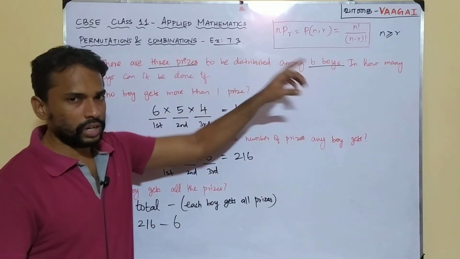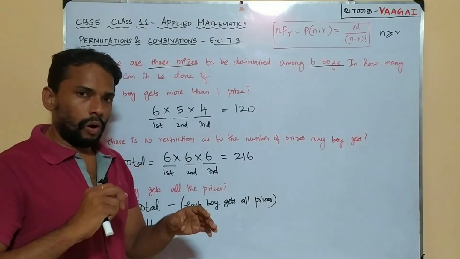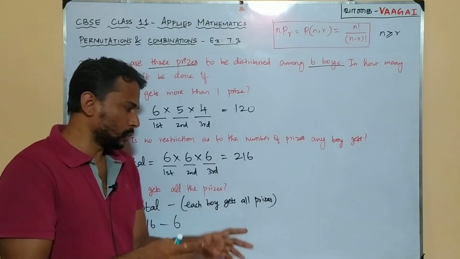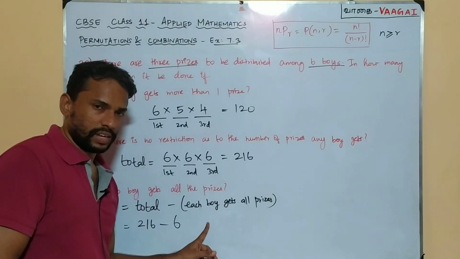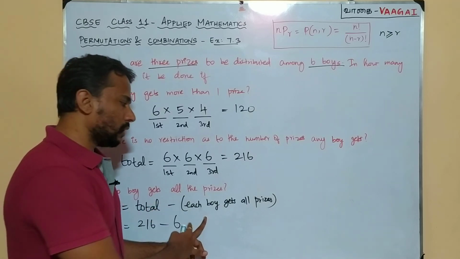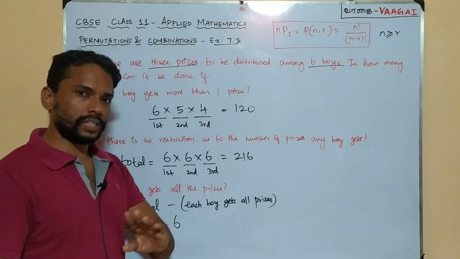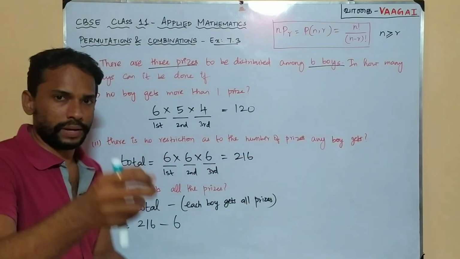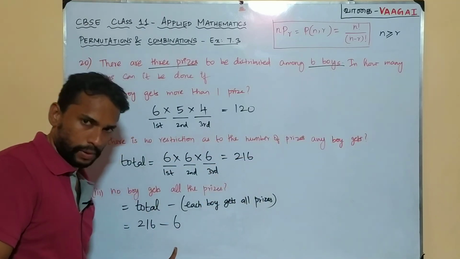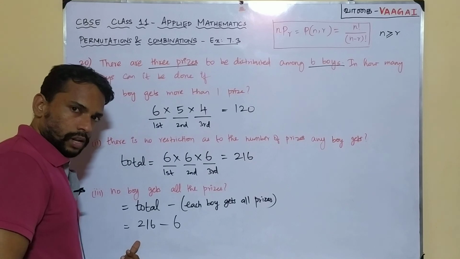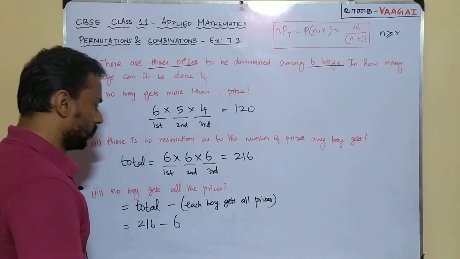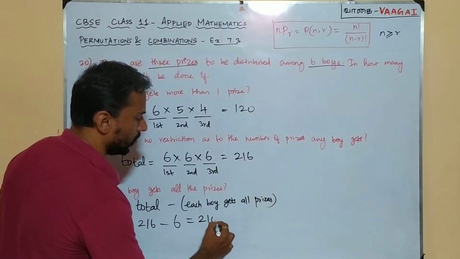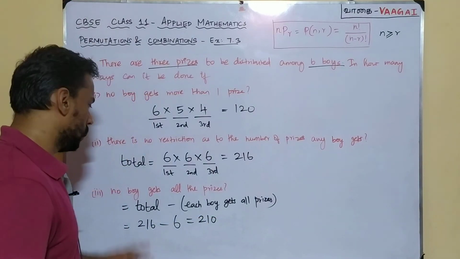Because there are 6 boys, and all prizes can go to one single boy itself. It can go to any one of those 6 boys, so this process can happen in 6 ways. So 216 total minus this 6 will give you the answer for the given question. 216 minus 6 is exactly 210, and that is going to be the answer for your third subdivision.